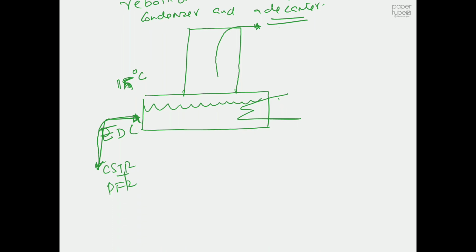Your hydrochloric acid, for example, and your oxygen and other air products will evaporate. So your light materials will come out, and here you will get the heavier product.